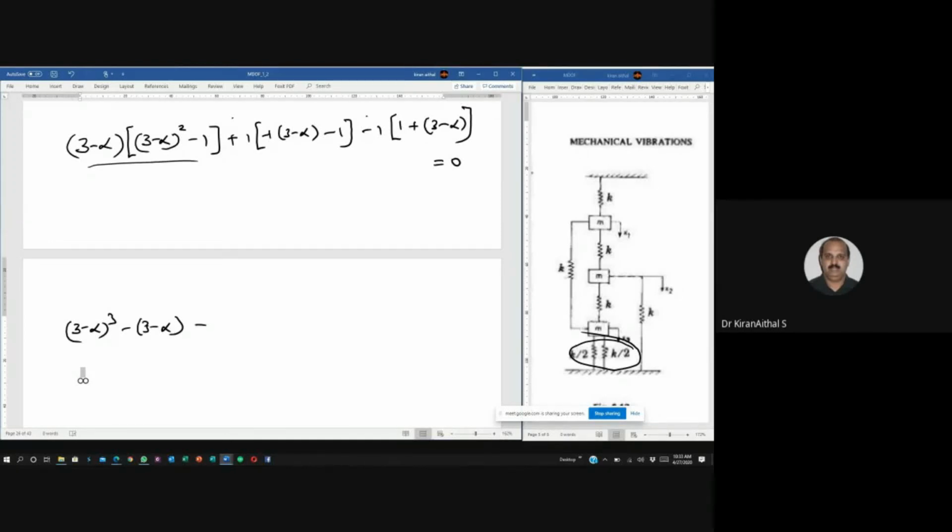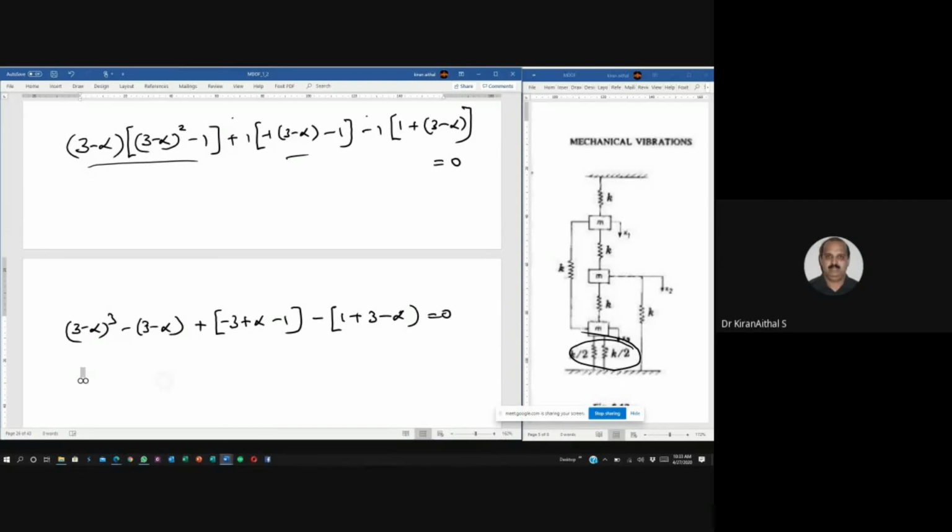Then plus, minus, I'm going to expand now this one. Minus 3 plus alpha minus 1. Again, minus I will take, right? 1 plus 3 minus alpha is equal to 0.